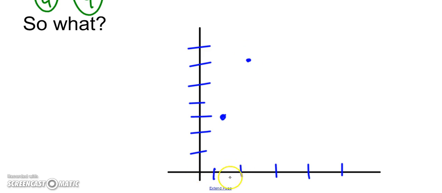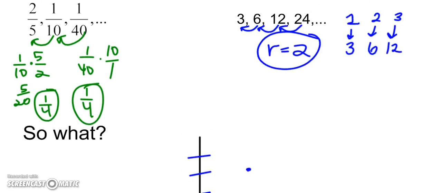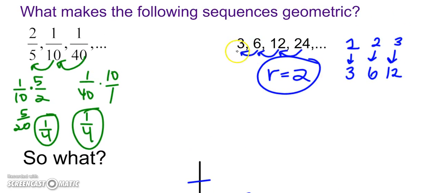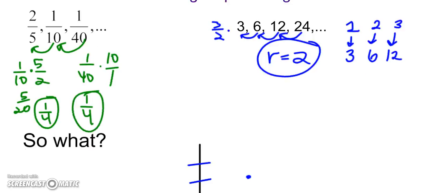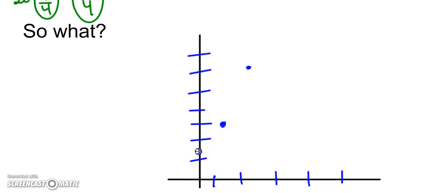When I put in 0, I'm going to get, because I'm going to divide by 2, 3 halves, 1.5. All of a sudden, I get an exponential growth graph.